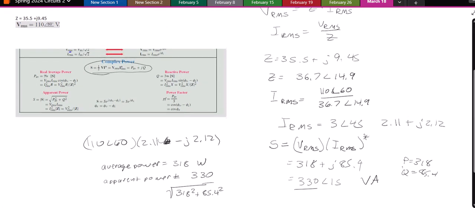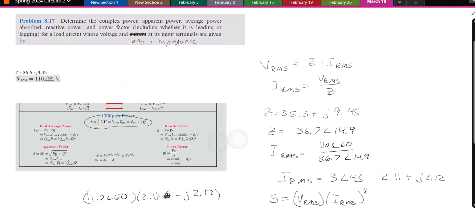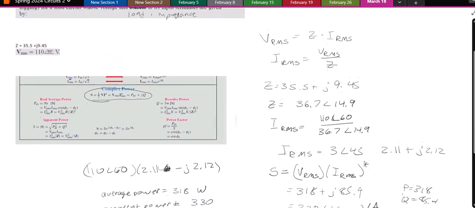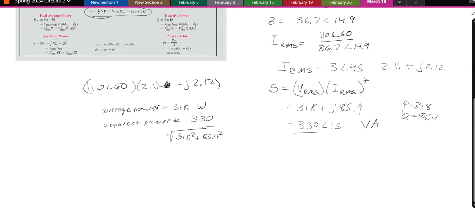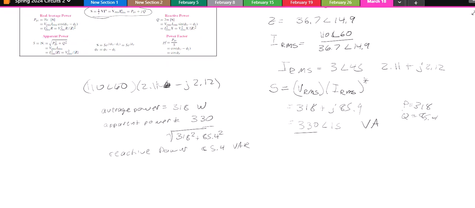Let's see. What else are we supposed to get? Reactive power, that's Q, 85.4 VAR.